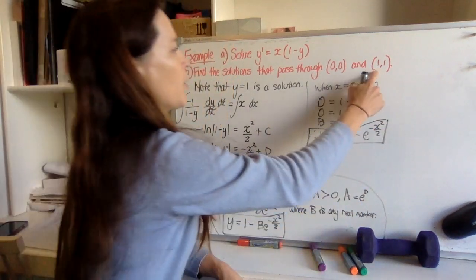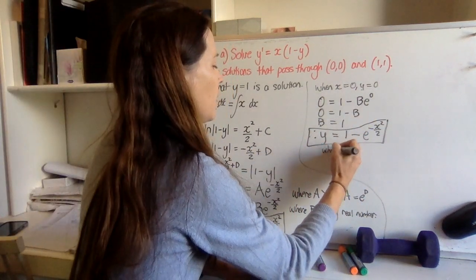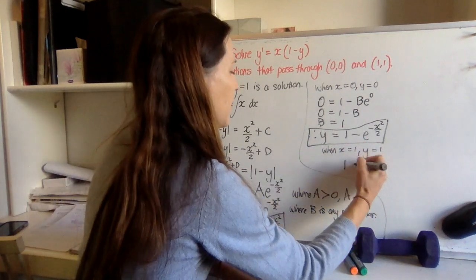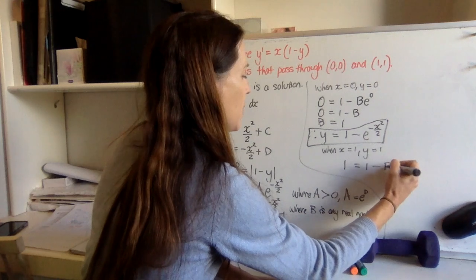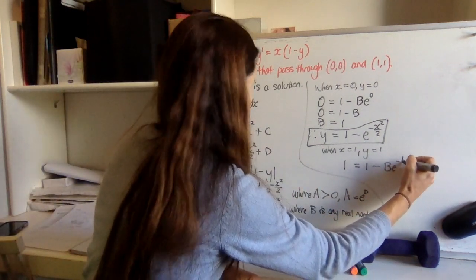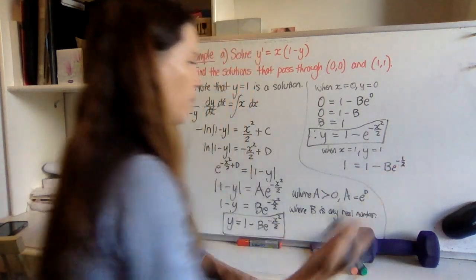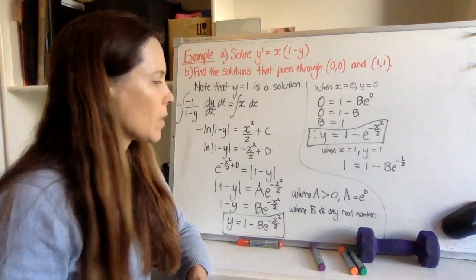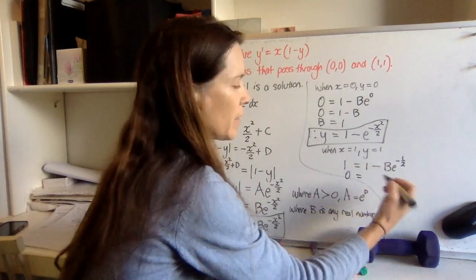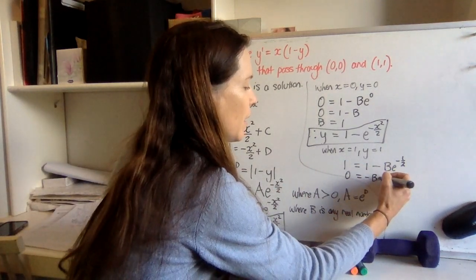And then for the second one, subbing in when x equals 1 and y equals 1, we have 1 is equal to 1 minus b e to the minus half. Now this one is a little bit trickier, but if we subtract 1 from both sides, then we're saying that 0 is equal to negative b e to the minus half.